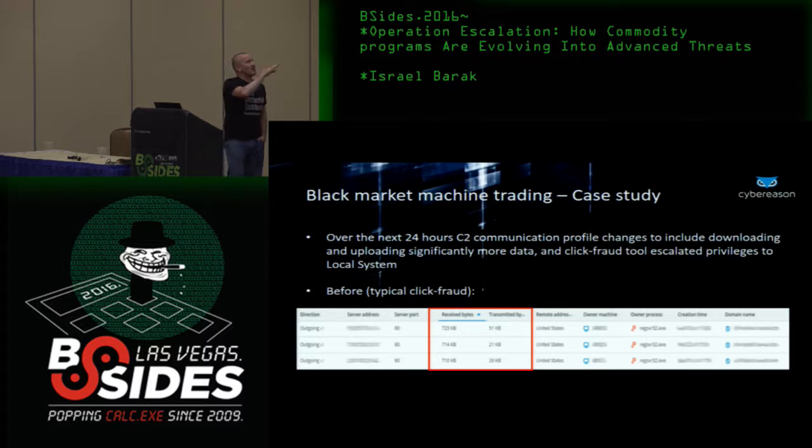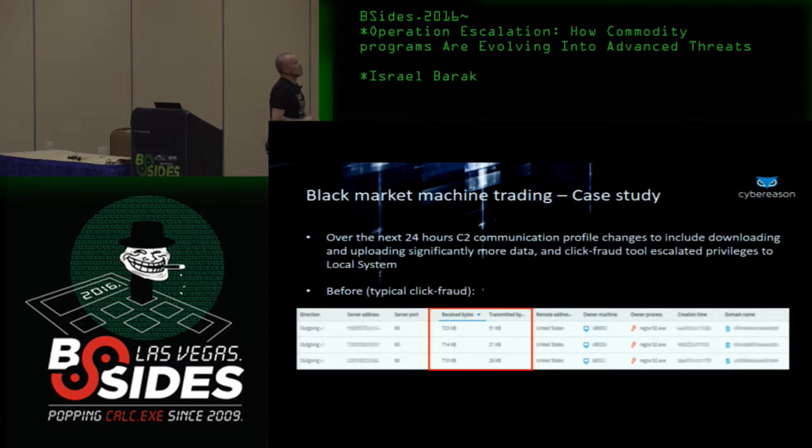The next stage would typically happen within the next 24 hours, during which the C2 communication profile started including downloading and uploading significantly more data from the compromised endpoint, and included escalated privileges to local system. If beforehand the click fraud tool didn't require those privileges, in this part of the operation, the tool escalated its privileges to local system.